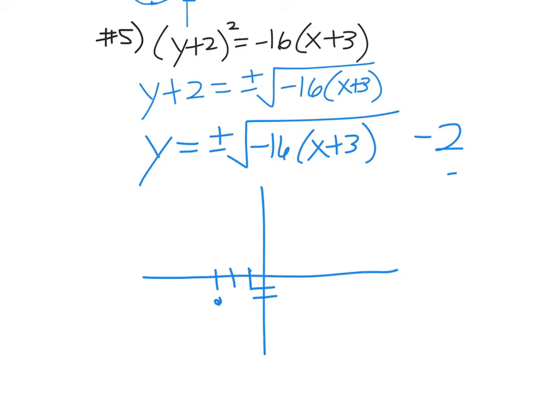Ooh, -7, positive 6. 4, 5, 6, 7. 1, 2, 3, 4, 5, 6. There you go. And there's also going to be another one down here, and that would be your sideways parabola. So that's graphing by calculator and by hand. Hopefully you can handle all those.